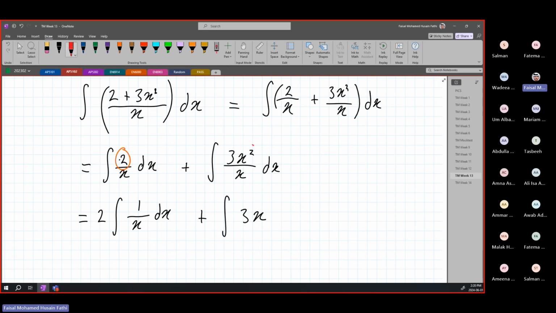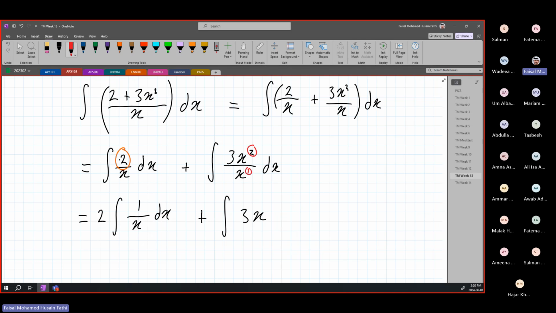Remember, this is power 2, this is power 1, this becomes 2 minus 1, so it becomes x to the power of 1, which is simply x, times 3. Again, 3 is a constant, so we can keep the 3 outside and keep the x inside. Keep in mind that constants you can always take out of the integration to make life a bit easier for you.